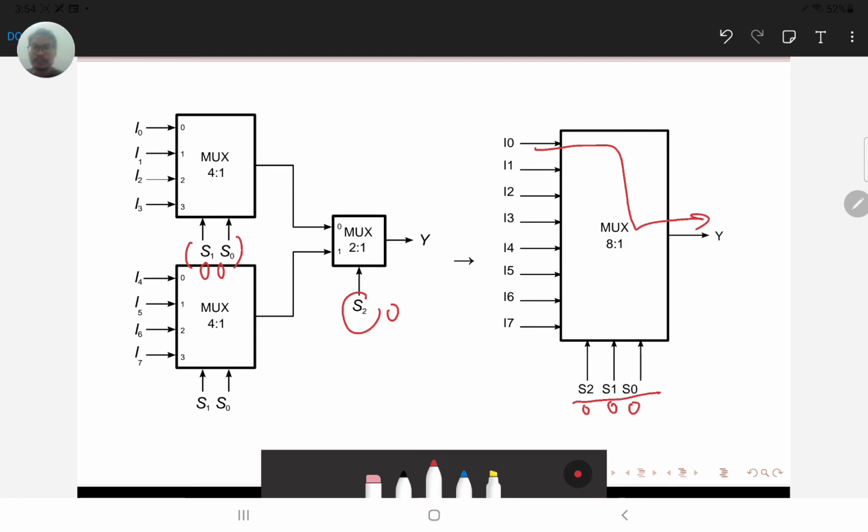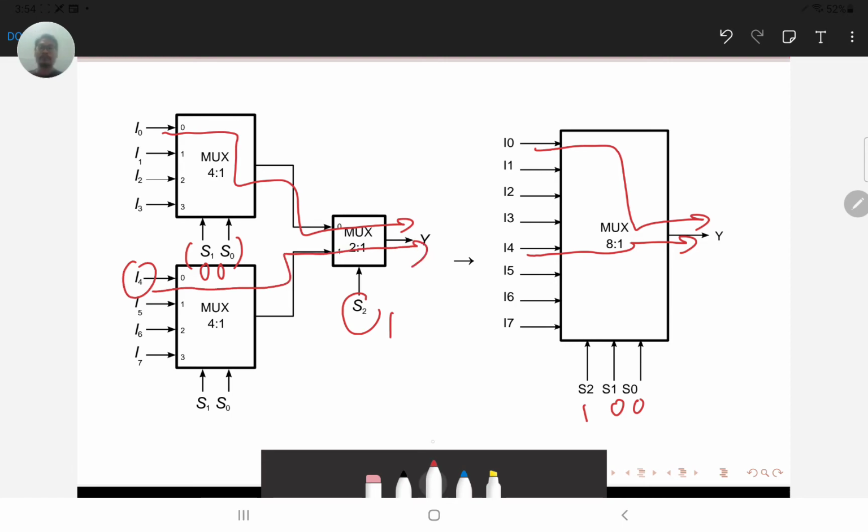Taking 4 for example, which is 1, 0, 0, it is going to take I4 in there.